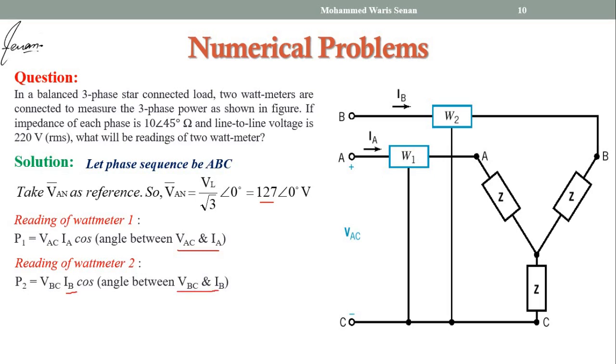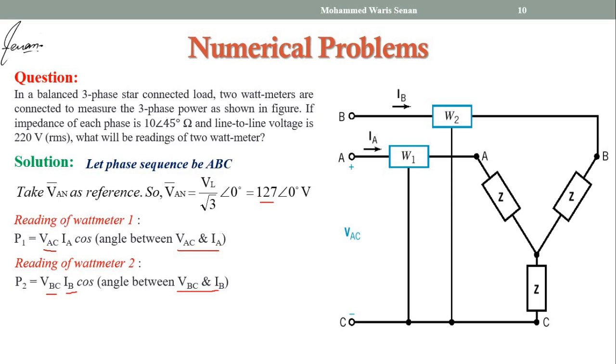If you see clearly in these two readings, some quantities are known and some are unknown. What are the known quantities? We know the value of the line voltages. The magnitudes of line voltages VAC and VBC are the same because it is a balanced three-phase load. The magnitudes of all phase voltages are equal, and the magnitudes of all line voltages are equal.